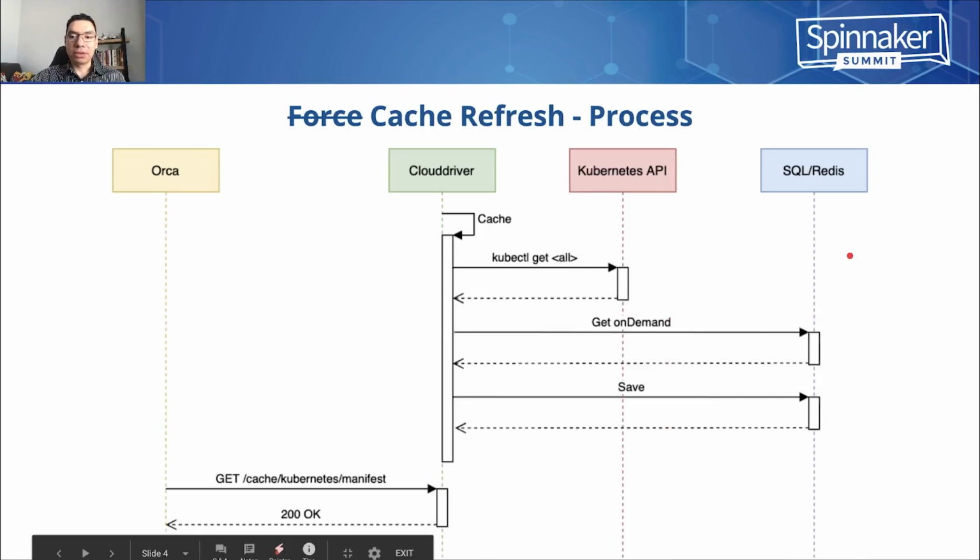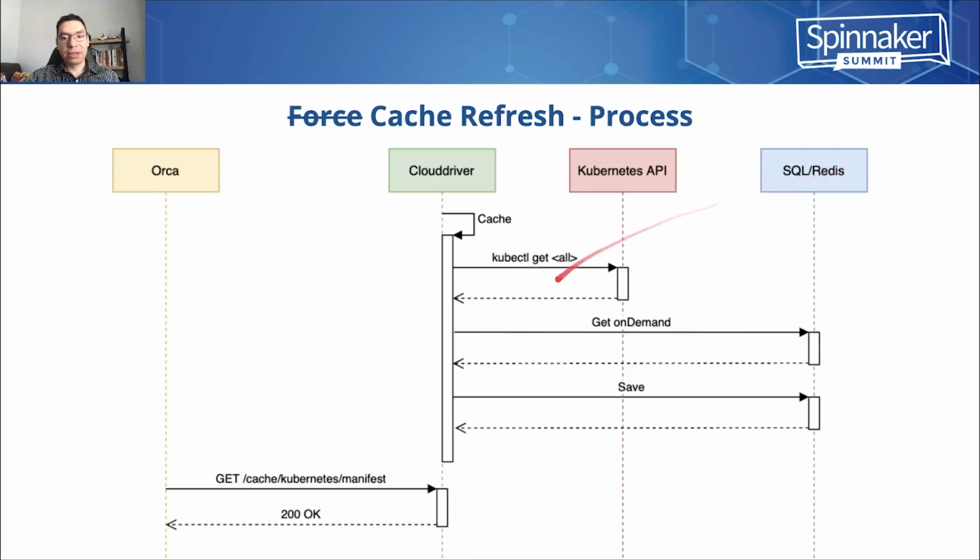So let's go to the next part of the sequence. When is the object that was requested by Orca processed? Well, it turns out that it will wait for a full caching cycle of the caching agent to process that request. We're going to see what the caching agents are in a minute, but basically this is the same process for everyone.